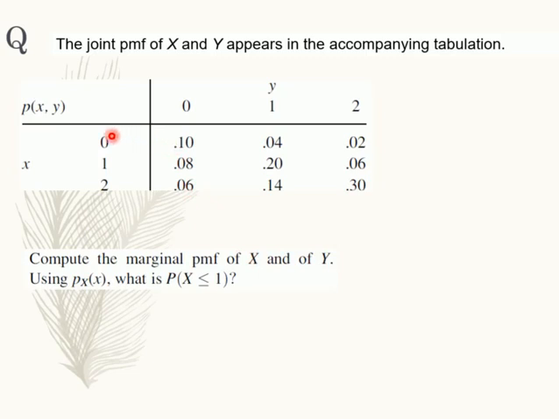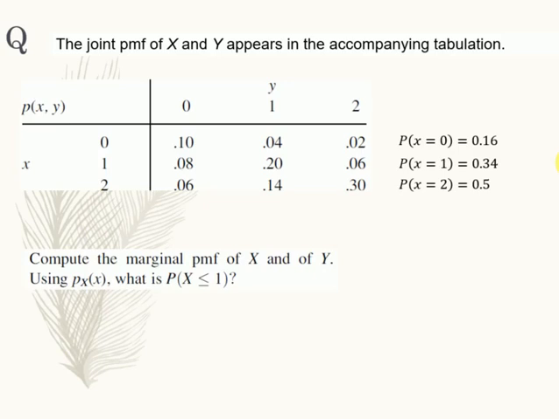If you wanted to find the probability that x is equal to 0, as I said, you just sum across all the possible values where x is equal to 0, regardless of what y is. That amounts to summing across the top row. X can also take on the value of 1 and 2, so you also need to compute the sums across these rows to get those relevant probabilities.